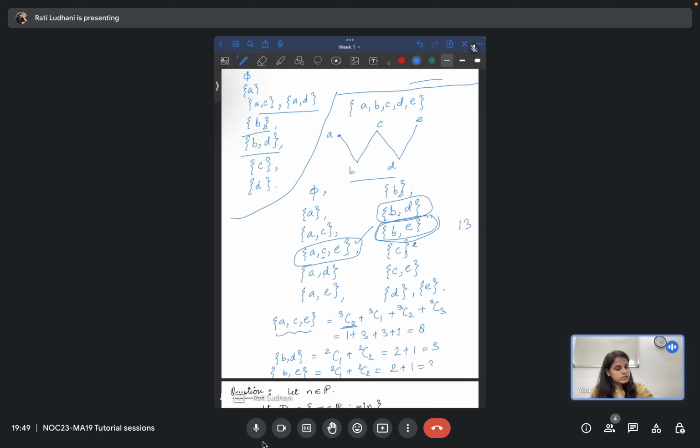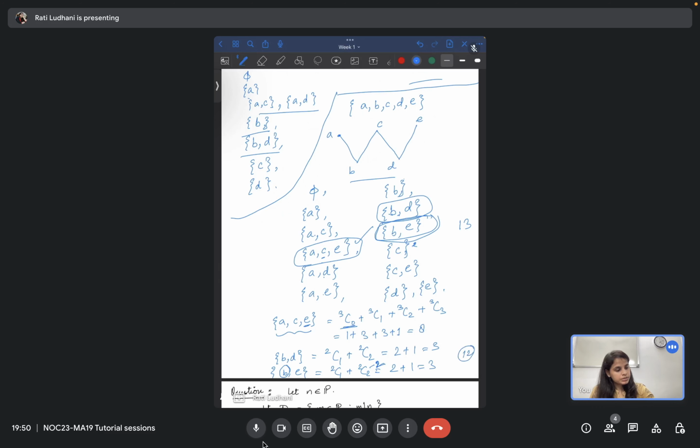Oh, one is considered twice, because B is already there, and even E is there. So 8 and 3 is 11, and 3 more is 14. Okay, some calculation. I should subtract 2, because the singletons were already counted in the previous one, right? Exactly, I'll subtract 2, but then I'll get 12.